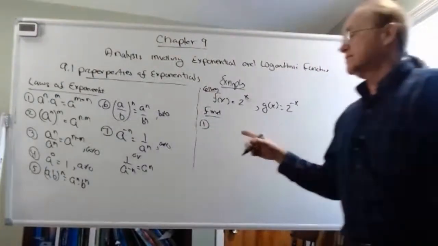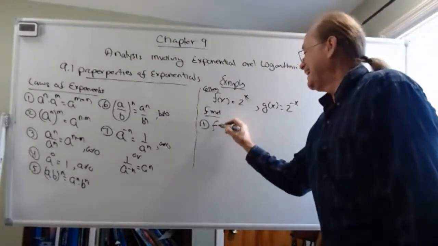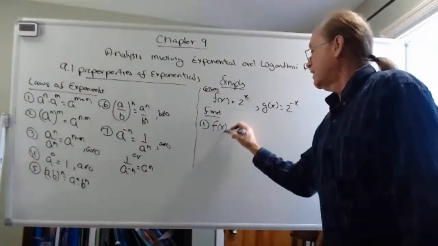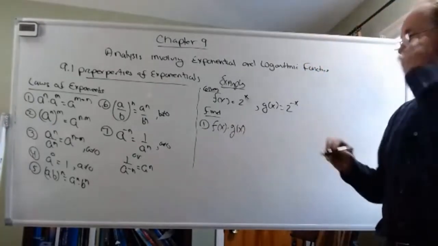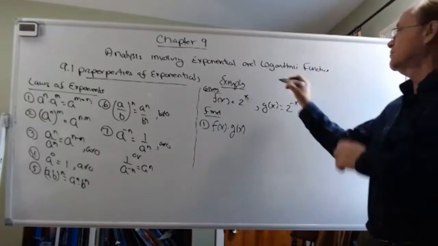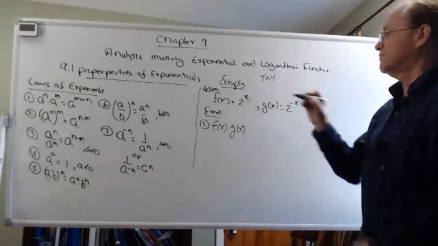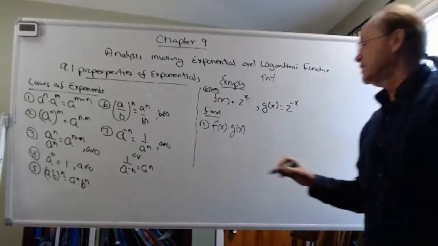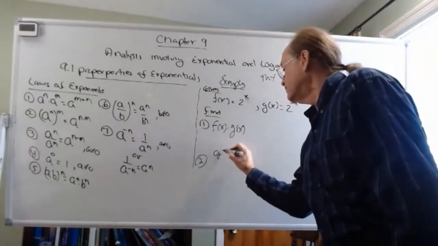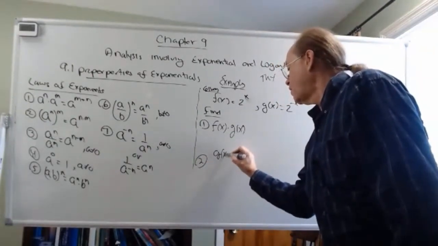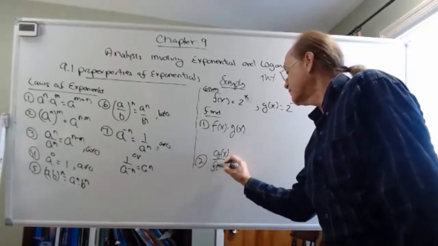So let's take a look at this. Let's find f times g. And I'll let you try that. I want you to try these examples. See if you can figure it out, and then we'll go over them. Take a look at g over f.